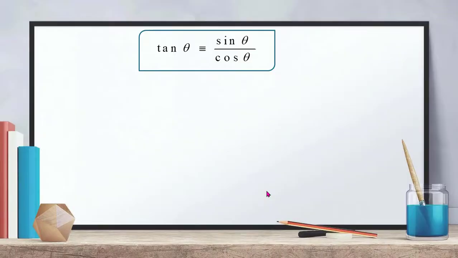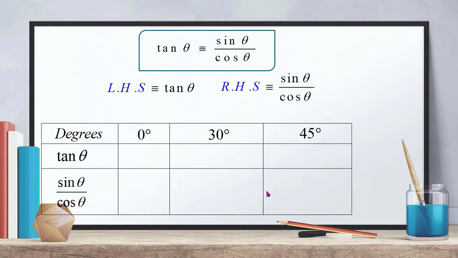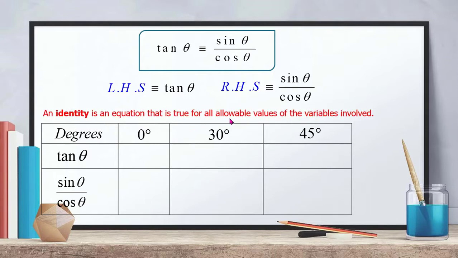Okay, so if we have this identity, what we want to show is that for all allowable values of the variable theta, the left hand side is going to be identical to the right hand side. We're going to take various values: the first being 0 degrees, the second 30 degrees, and the third 45 degrees.